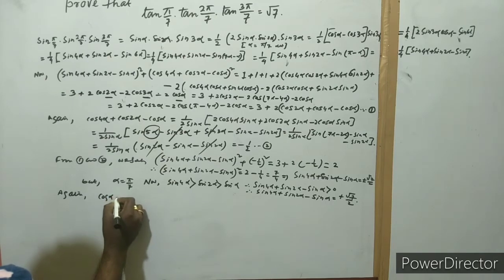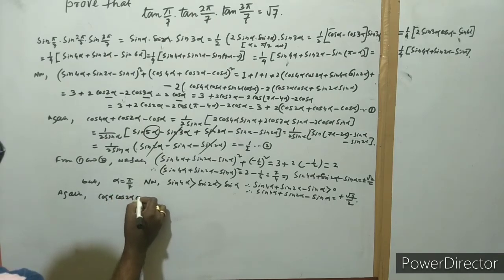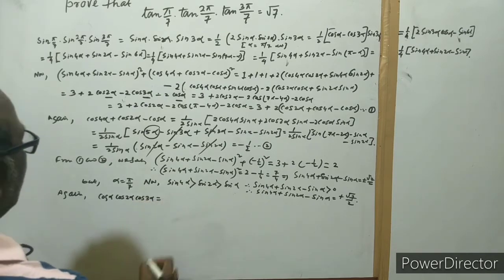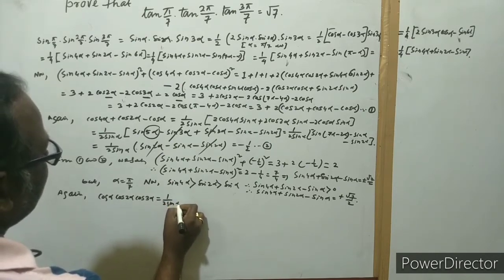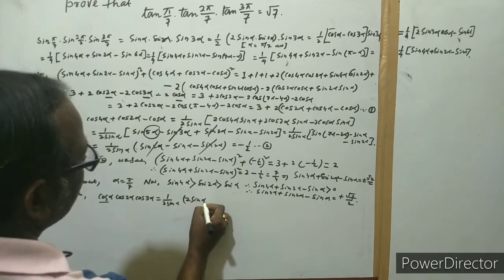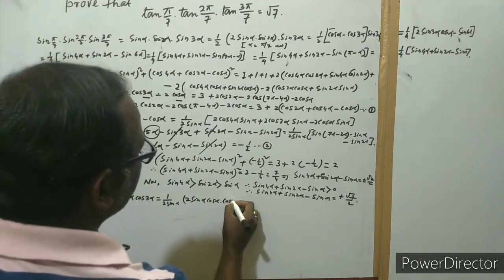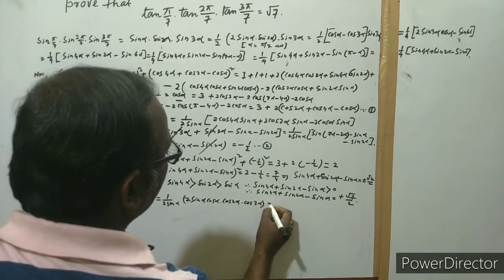So cos alpha, cos 2 alpha and cos 3 alpha, and multiply by 1 by 2 sin alpha. So 2 sin alpha and cos alpha, and this is our cos 2 alpha, and this is our cos 3 alpha.